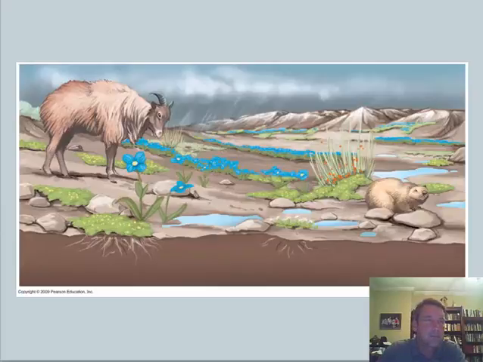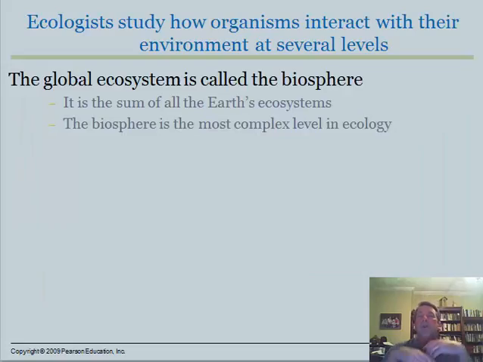All right. The terms in the outline there for the different spheres of the Earth refer to some of these different levels. The biosphere refers to all the different communities on the Earth. The global ecosystem, you could say, would be the biosphere.